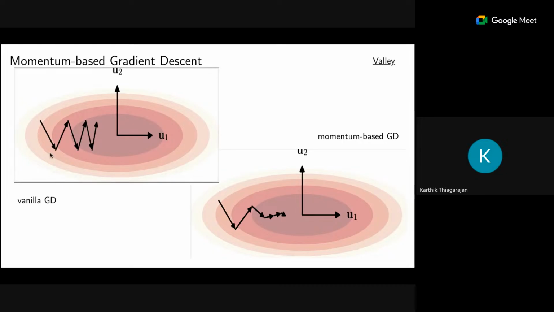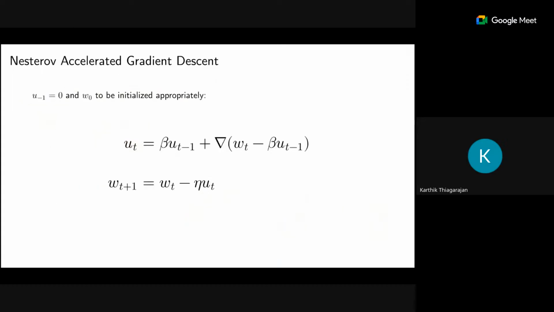Okay, so that is momentum based gradient descent. For Nesterov, I don't have much by way of intuition. There is just one given in the lectures, where you look before you leap. You already know that you are moving in the direction given by negative ut, so there is some momentum gathered. So instead of making the update first, you see how your gradient is going to look from the new position.